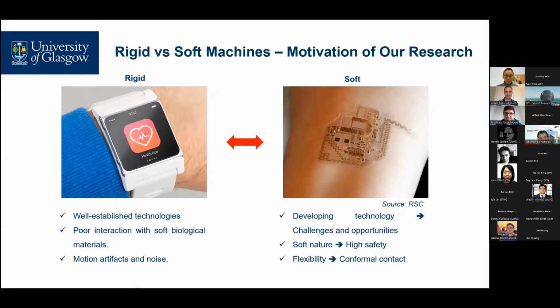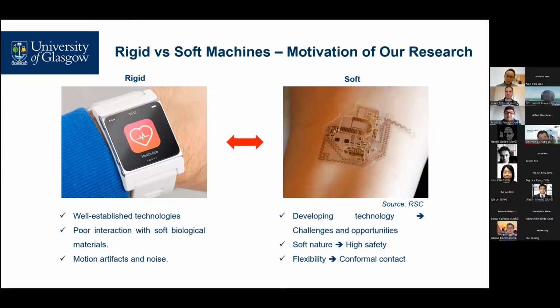So the very first fundamental question is, why do we need to make devices or machines from soft materials? In fact, as the professor demonstrated, some of the devices for rehabilitation purposes already have well-established technologies.